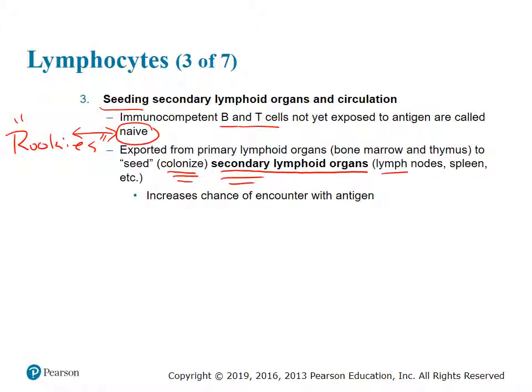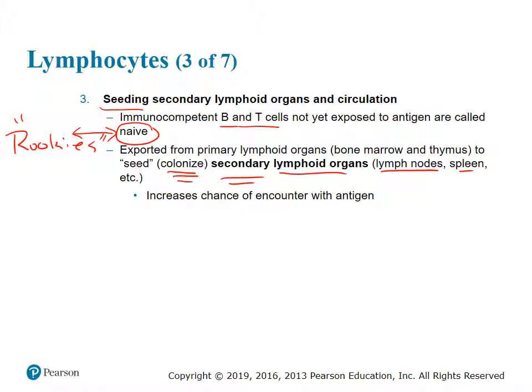And what do we mean by that, right? The lymph nodes, our spleen, and other places, right? If you remember that, you have to go back to your lymphatic system, but secondary lymphoid organs, mainly lymph nodes and spleen, but you have some other places as well.